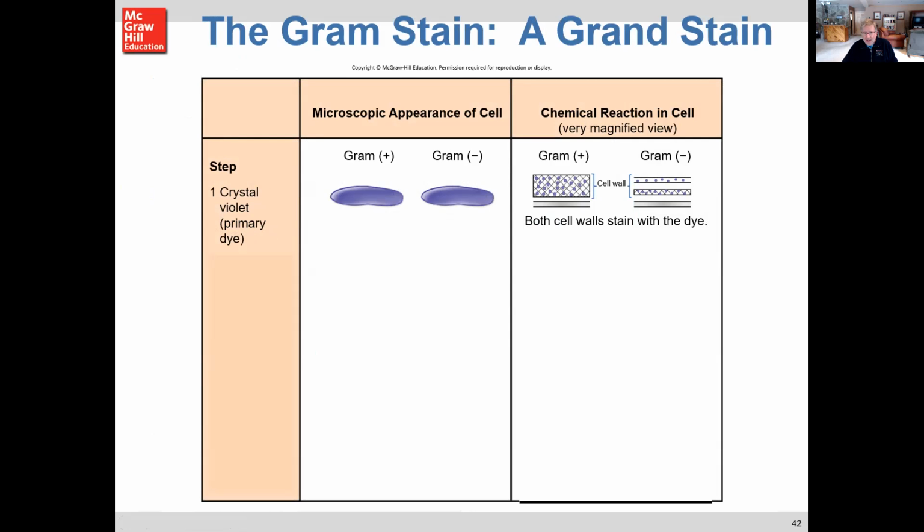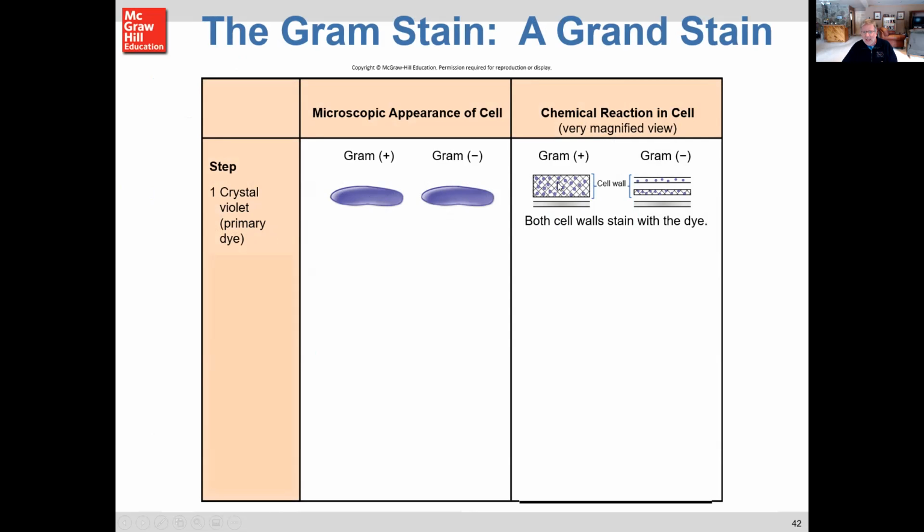Now, when you stain either gram-positive or gram-negative cells with crystal violet, you'll notice if you were to examine them under the microscope at that time that the cells would be purple. We're going to depict two rod-shaped bacillus cells here. So you can't differentiate between the two at this point, can you?